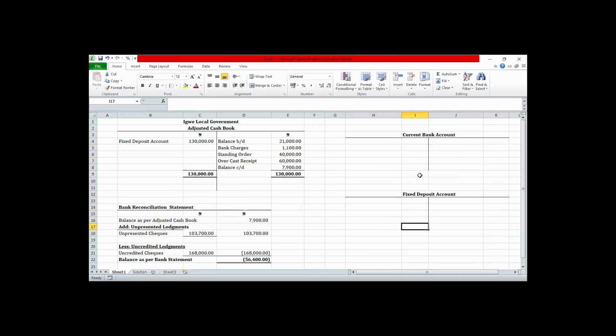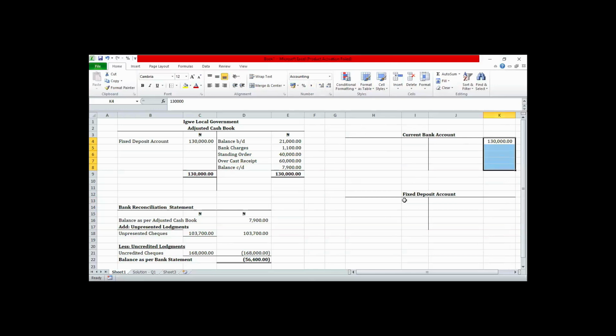Now, mistakenly, money is withdrawn from this account. Is that clear? But instead of entering it here, they came here and put the money here. 130,000 has gone out. Is that clear? And the money is not from this account.